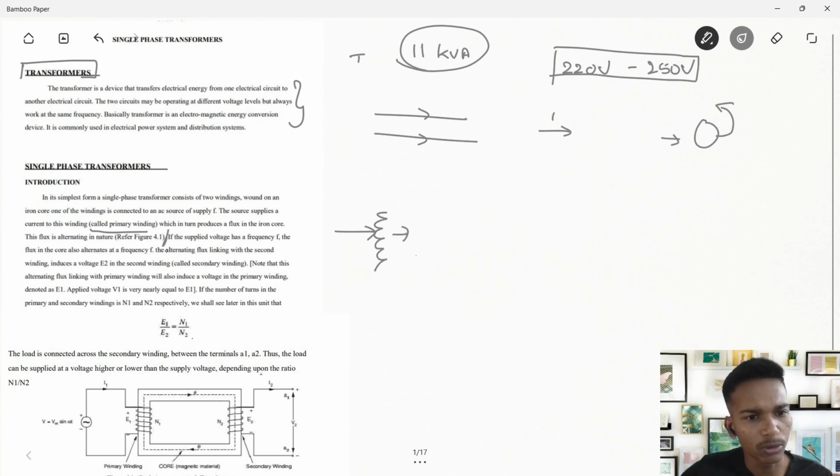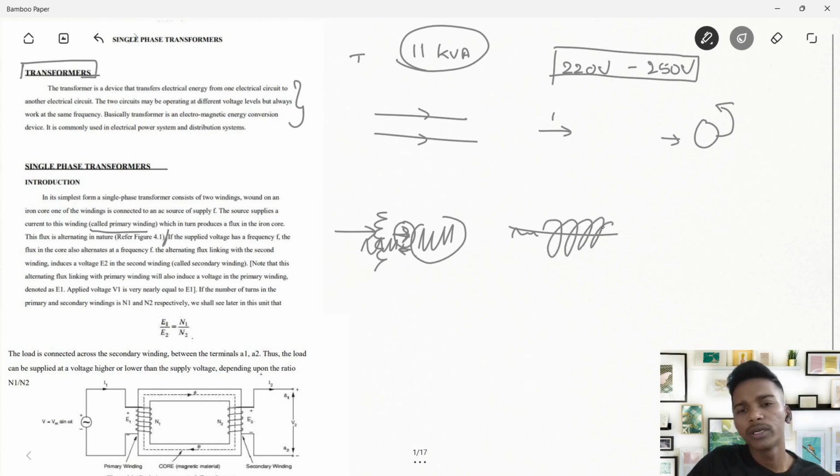If the supplied voltage has a frequency f, the flux in the core also alternates at frequency f. If you apply alternating plus and minus current, the magnetic field induced will have a frequency equal to the frequency of the current we are applying to this coil. As everyone knows, if a current flows through a coil, a magnetic field automatically develops around it.